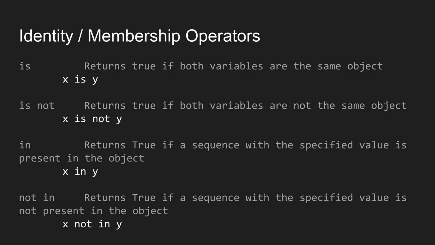All right. Then there's identity and membership. So is for identity, and then membership is with the in keyword. So if you were comparing two variables together and you want to say, is this variable on the left the same as the right? You could use the is keyword instead of the equal, right?